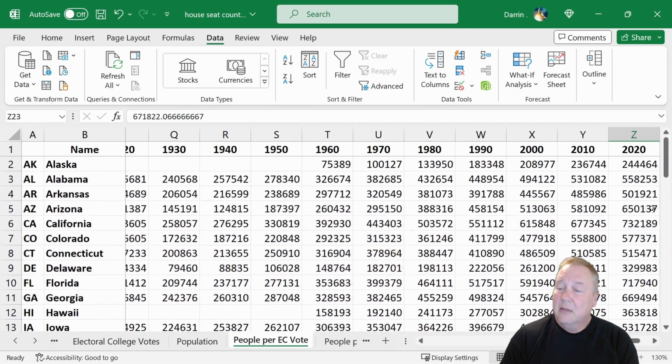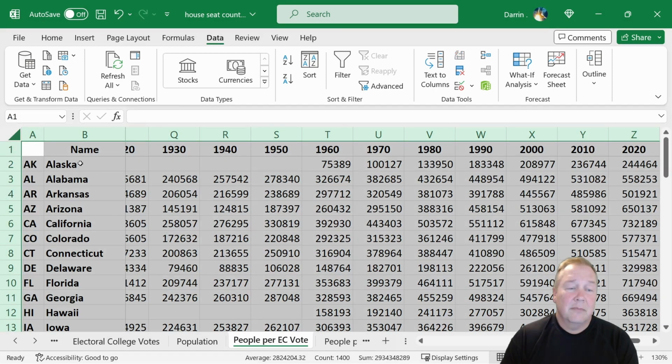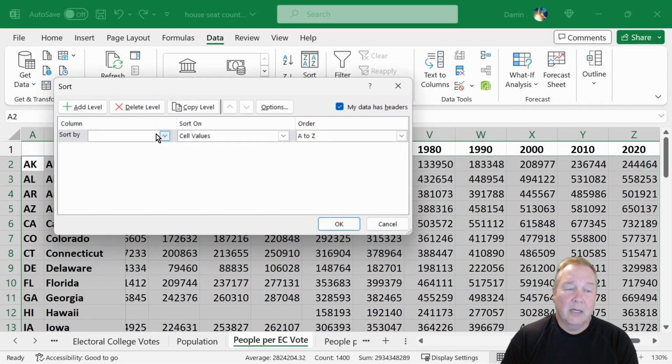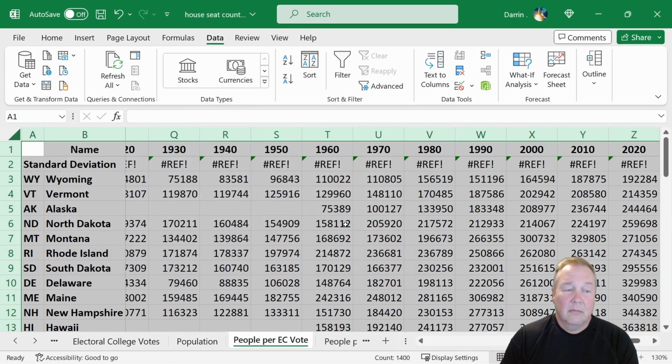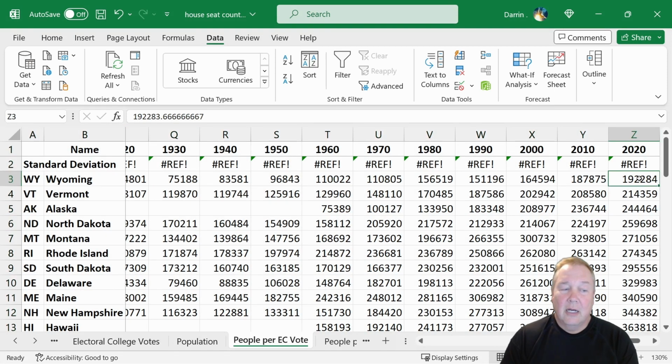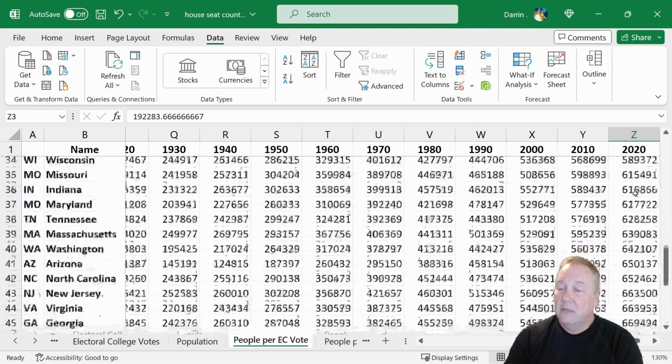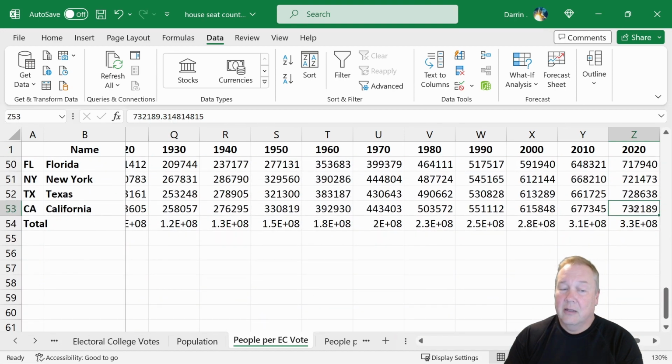So you can actually sort these. We sort by column Z. Oh, sorry about the standard deviation. The minimum is Wyoming, which is 192,000 people per electoral college vote, compared to California at 732,000.